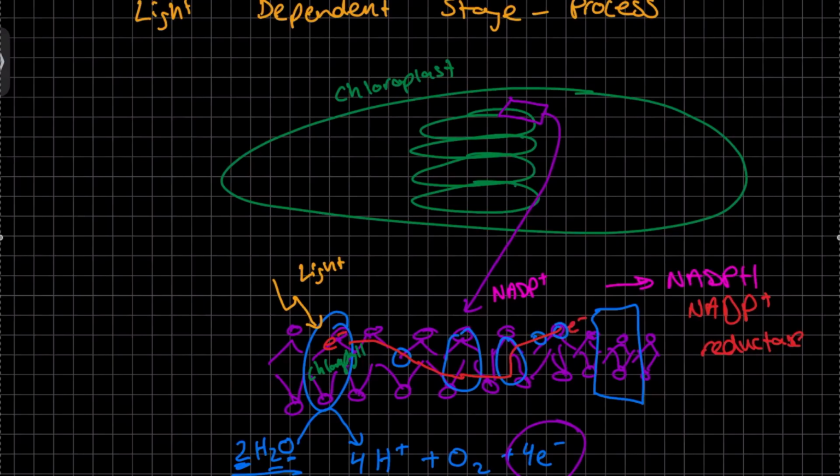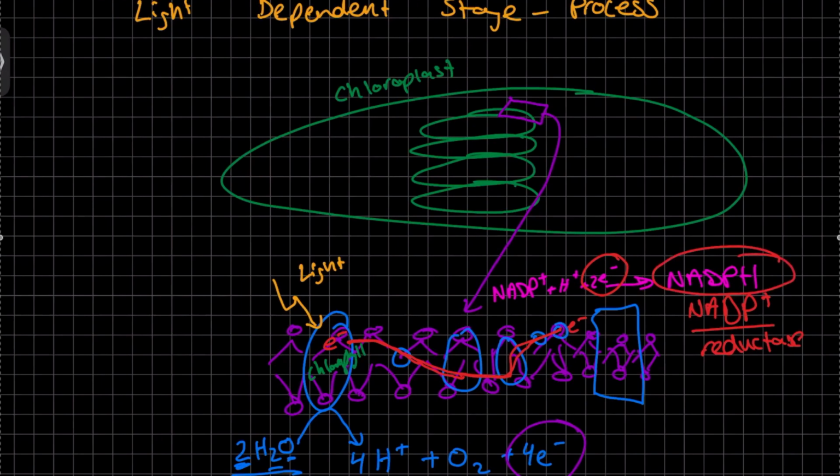So the electrons that we get over here are used within this reaction, which we know is NADP+ plus a hydrogen and 2 electrons. So these 2 electrons would have previously traveled through all of these proteins until they got to NADP+ reductase in order to produce some NADPH.